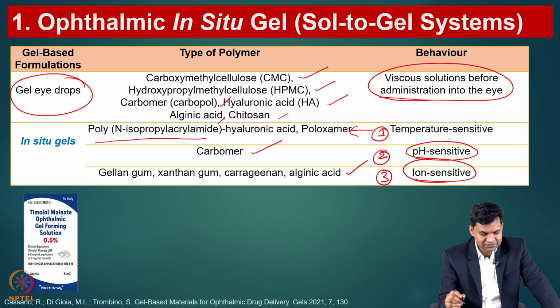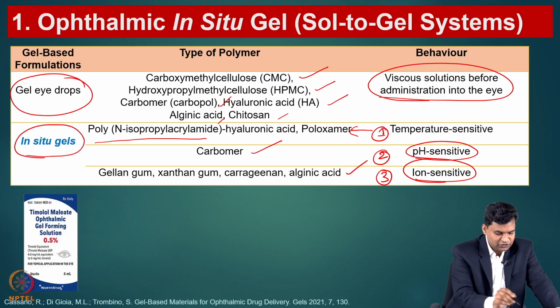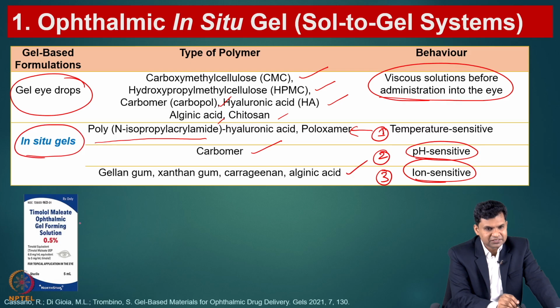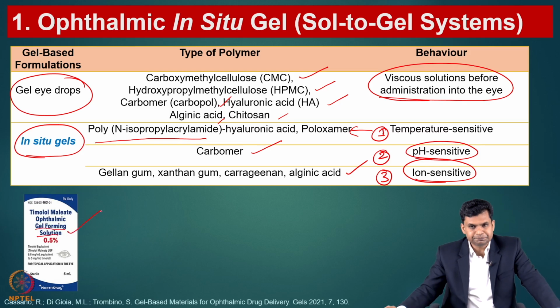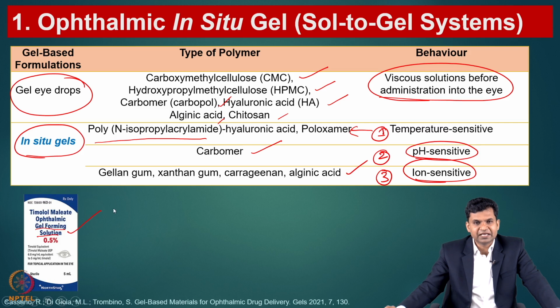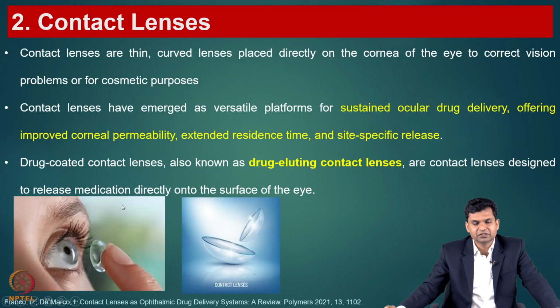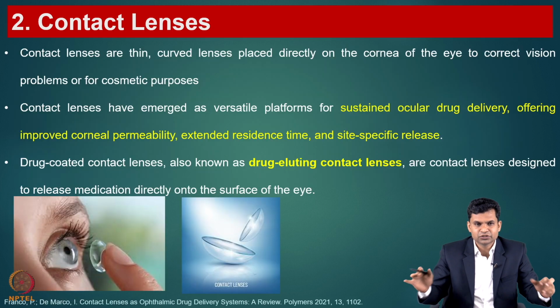These polymers can be used as in situ gels. Here is one type of formulation available in the market, the timolol maleate ophthalmic gel forming solution. So, this is one example, which will help to overcome all types of problems which come with the solutions.